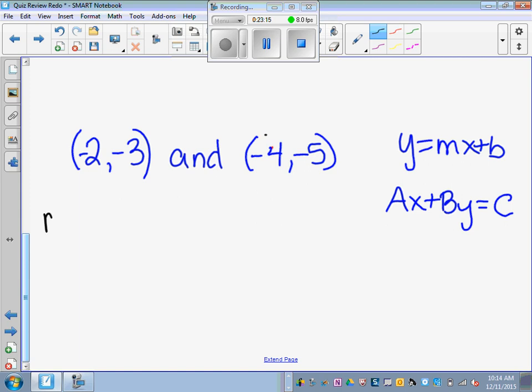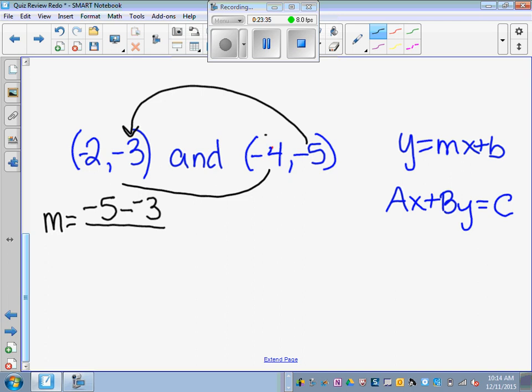So let's find our slope. What's my equation for slope? Y minus y, negative 5 minus a negative 3, and then negative 4 minus negative 2.